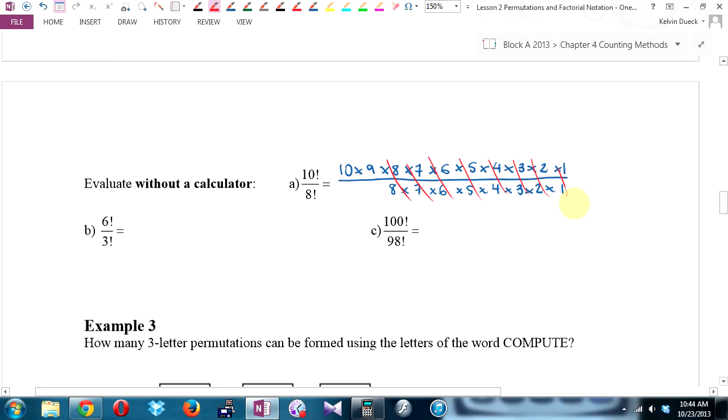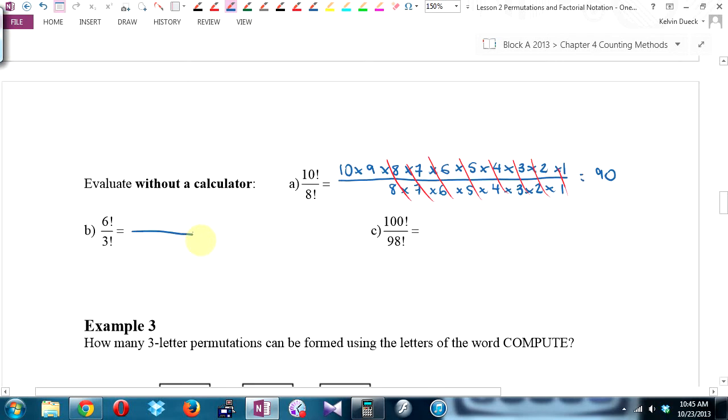I guess it simplifies to 10 times 9. In your head, no calculator, which is what? 90. Yep. Although there's an even shorter way to do this without writing out everything.